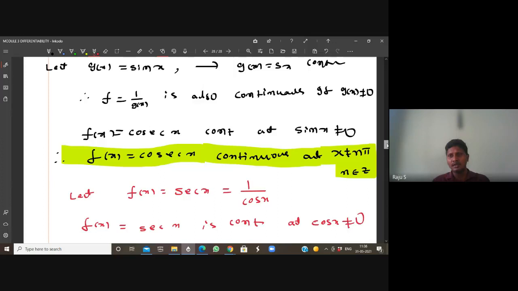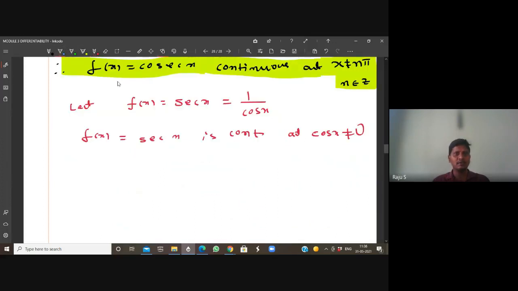Okay, can anyone tell when cos x is non-zero? Therefore, f of x is secant x, continuous at x not equal to 2n plus 1 pi by 2. Here n belongs to Z again.